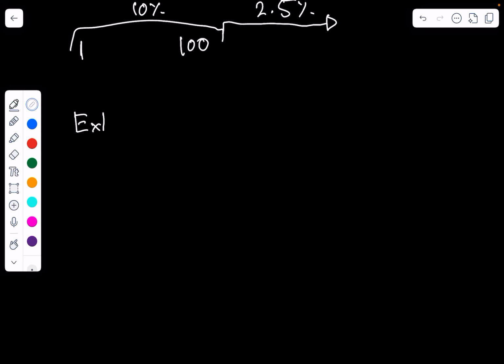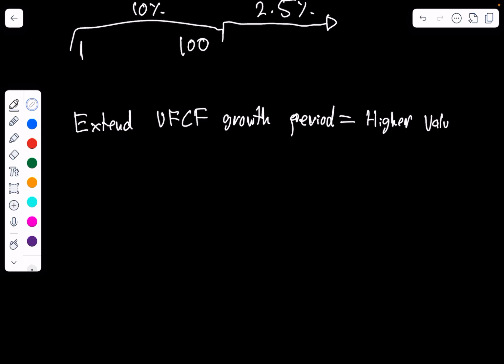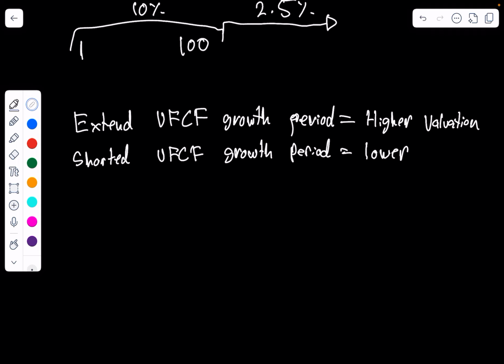So if we extend our unlevered free cash flow growth period, that's going to equal a higher valuation. And if we shorten our unlevered free cash flow growth period, that will lead to a lower valuation, right?